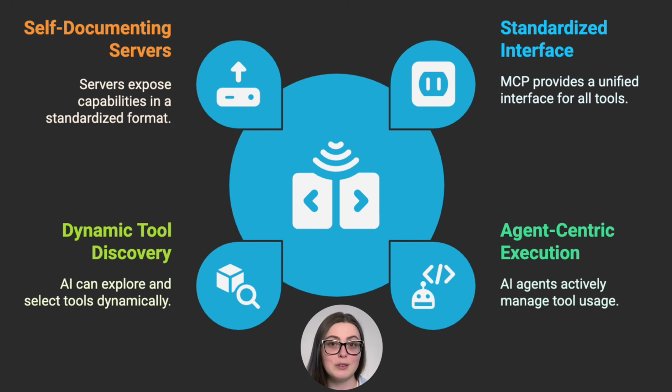An AI agent can explore available tools, understand their capabilities through standardized descriptions, and choose the most appropriate ones for a specific task, all without hard-coded integration logic. Another aspect of MCP servers is that they are self-documenting. They expose their capabilities, parameters, and expected outputs in a standardized format that both humans and AI can understand. This eliminates the documentation inconsistency problem, which is relevant for traditional APIs.